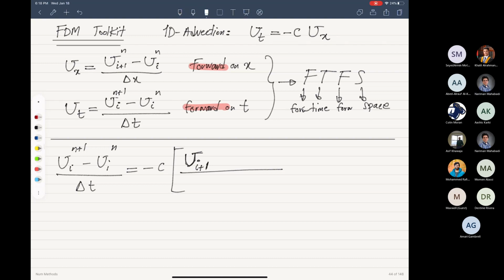Using the next space minus the current space grid, divided by delta x. Okay, let's see. In terms of the unknown function, I have these four variables.